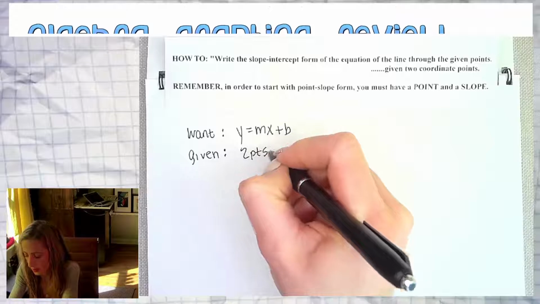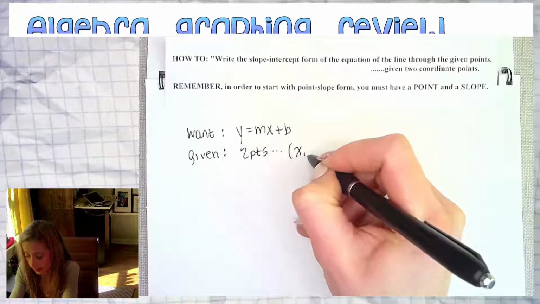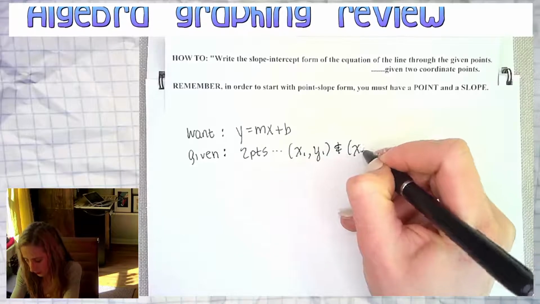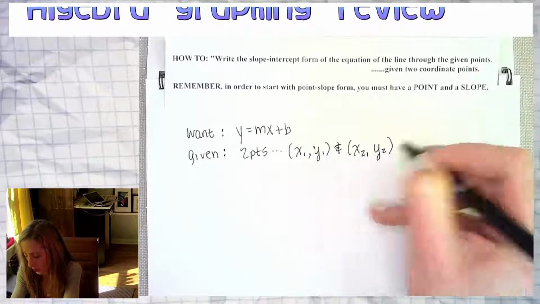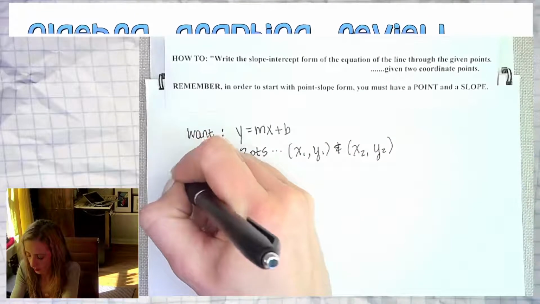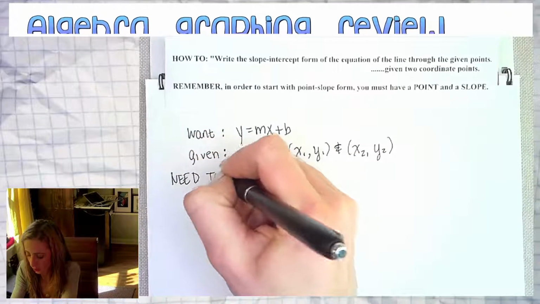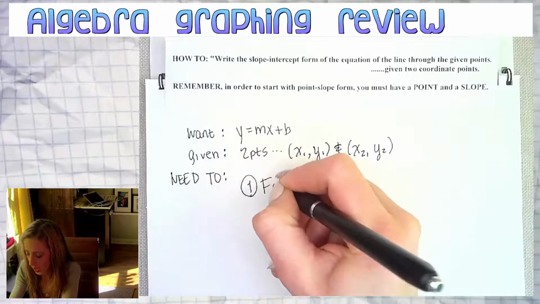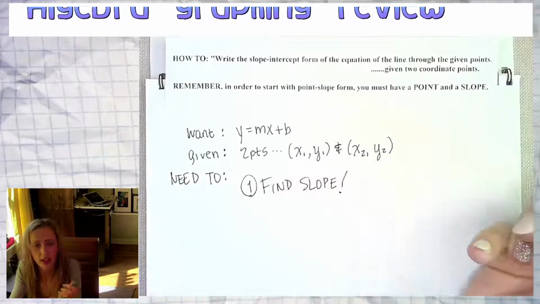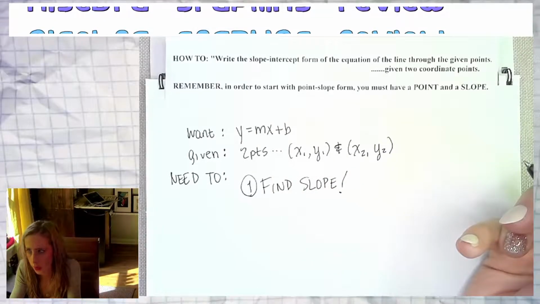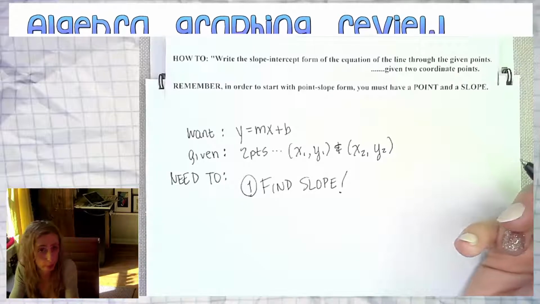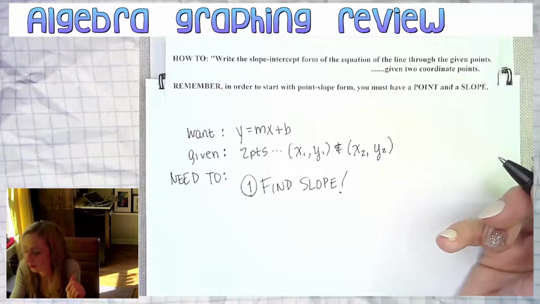2 points. So that's almost like x sub 1, y sub 1, and x sub 2, y sub 2. Guess what we got to do? Need to first find slope. You cannot use point slope form without a slope. The ingredients are a point and a slope, hence the name point slope form, right?